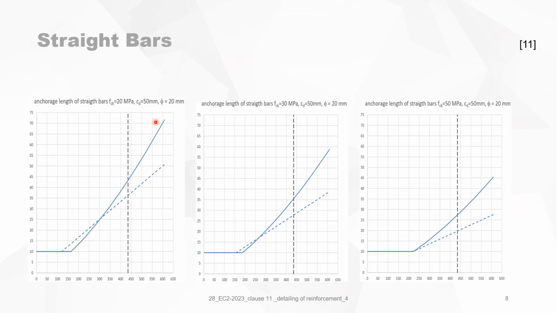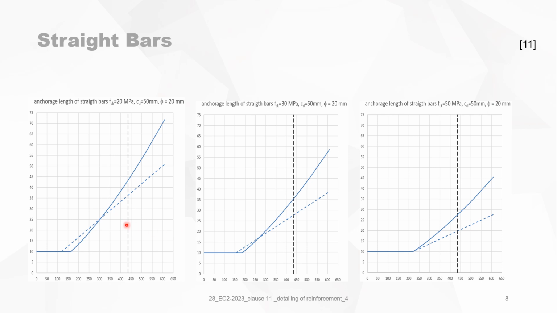Again, for the three concrete qualities, I've put the graphs with the same scale next to each other to give you an idea. We've seen this graph already. This was for diameter 20. The full line was version 2023. The dotted line was version 2004 of Eurocode 2.